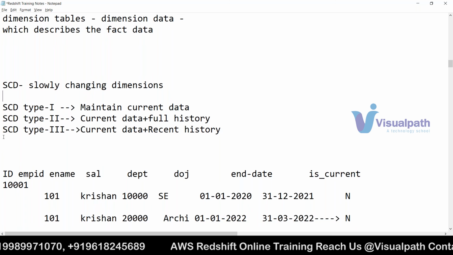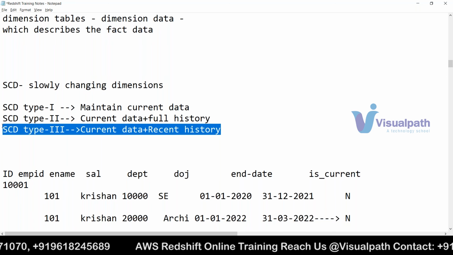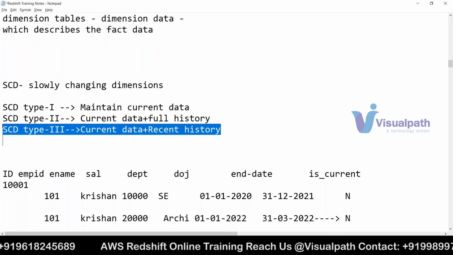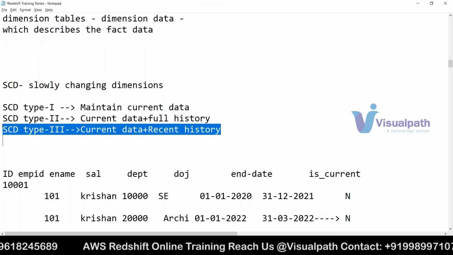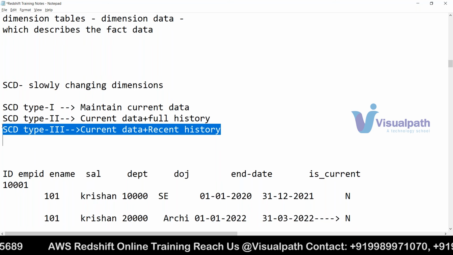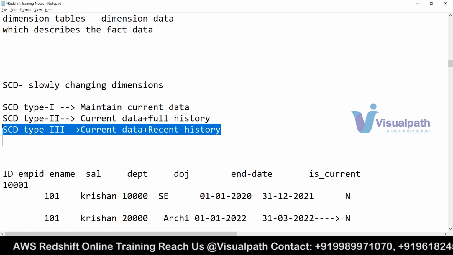I'll talk about SCD type 3 also. In SCD type 3, they will have current data plus recent history. Recent history means like the last 3 months or 6 months of data. Customer care executives, for example, will have access up to some 3 months.